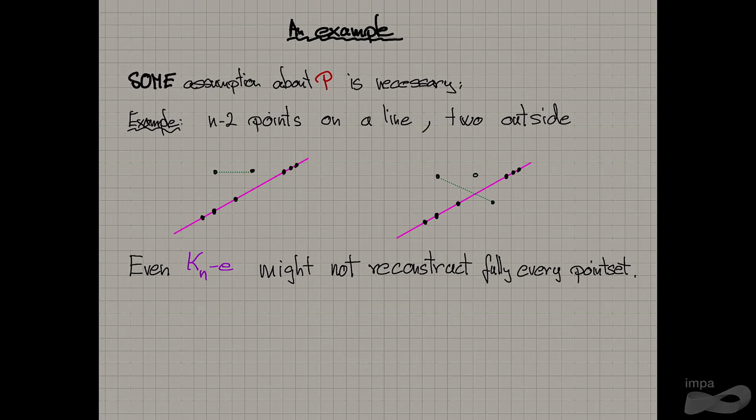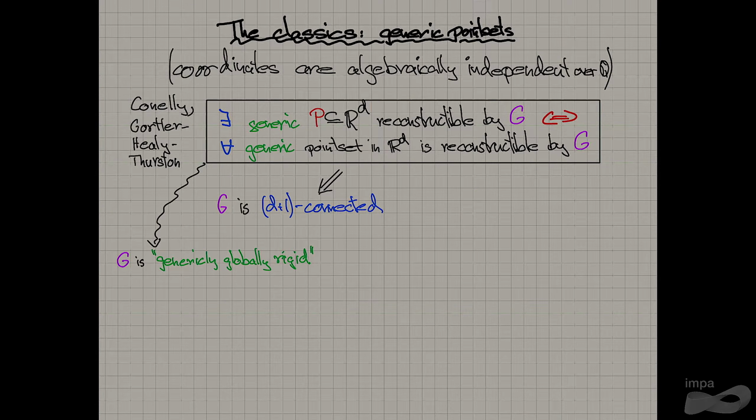And the beautiful truth in this definition is that if you're interested in generic point sets, then it's a property of the graph whether you can reconstruct a point set or you can reconstruct every point set.